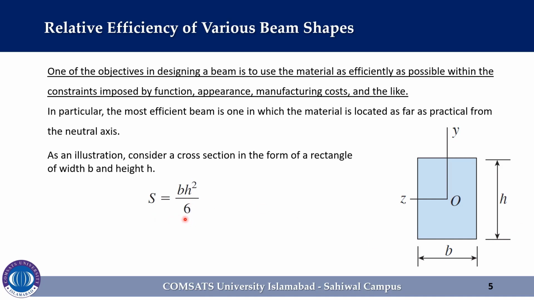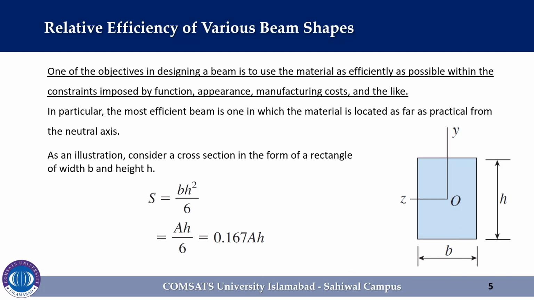We can also express it as AH over 6 or 0.167 AH, where A denotes the cross-sectional area. This equation shows that a rectangular cross-section of given area becomes more efficient as the height h is increased and the width b is decreased to keep the area constant.